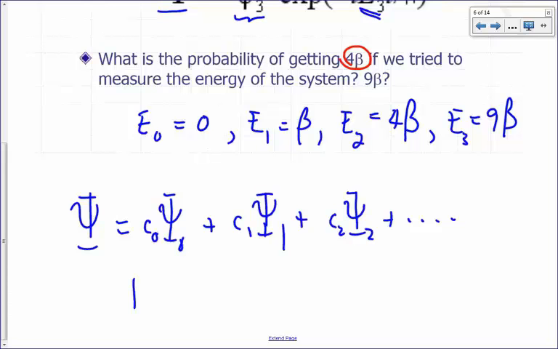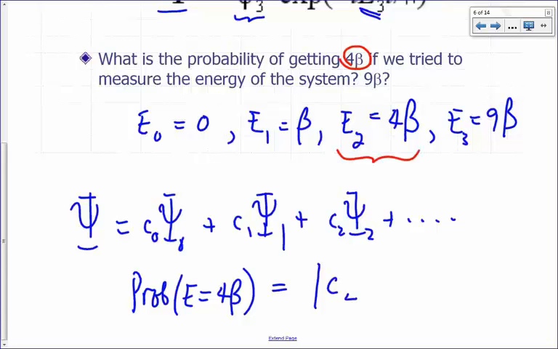So what's the probability that if you measure the energy, you get 4 beta? 4 beta is for n equals 2, for psi 2. So then the probability that you're going to get the eigenvalue of psi 2 would be the absolute value of C2 squared, right?